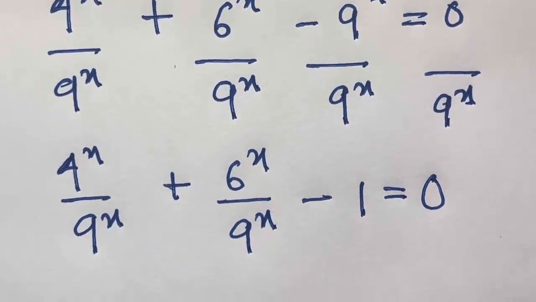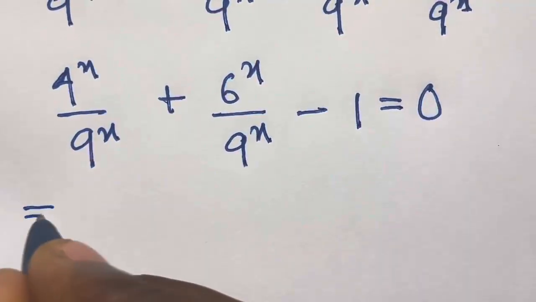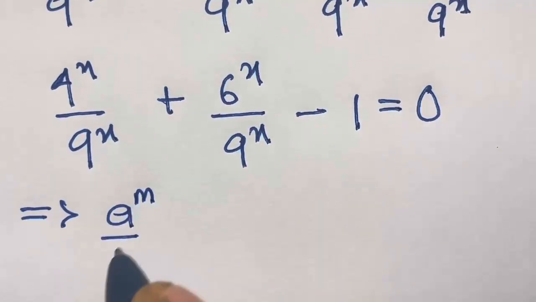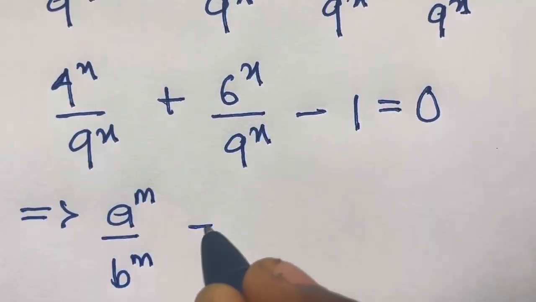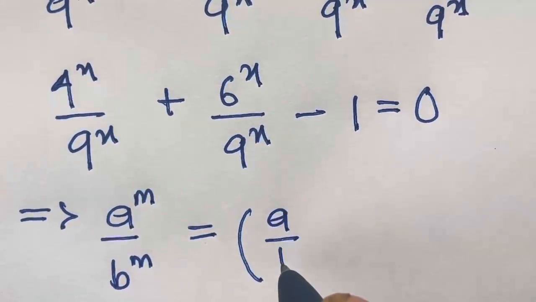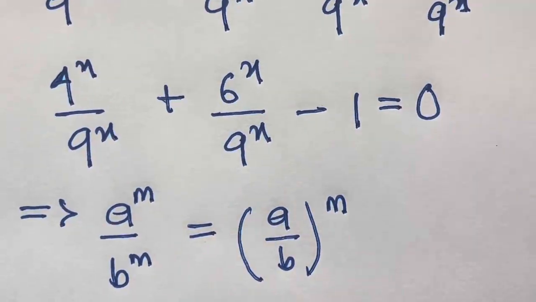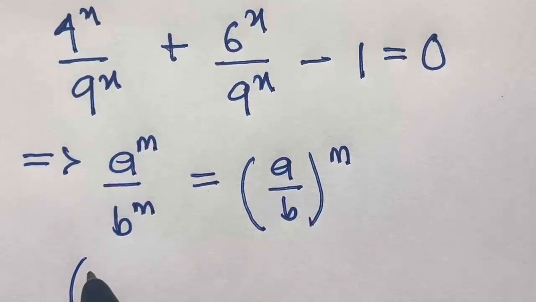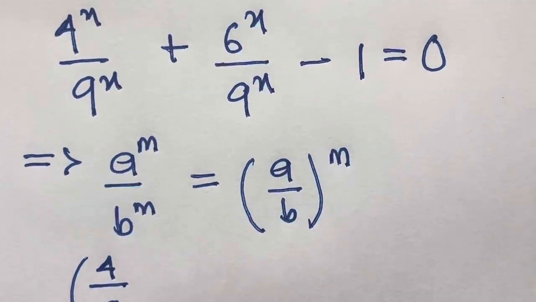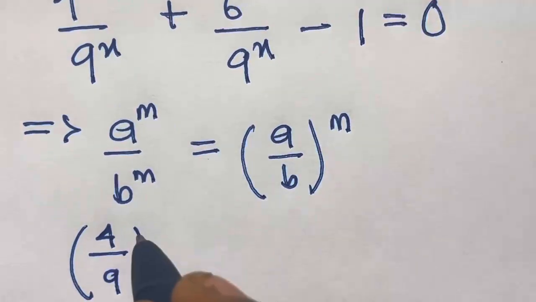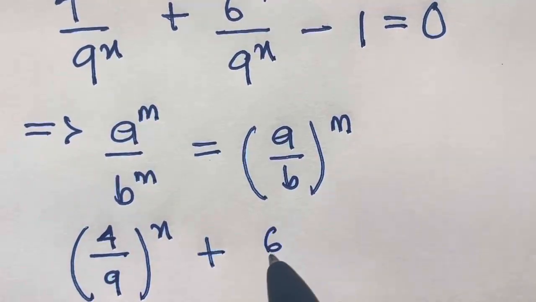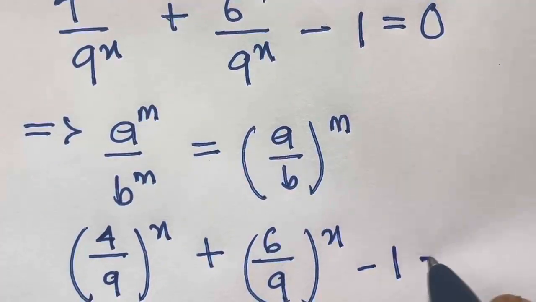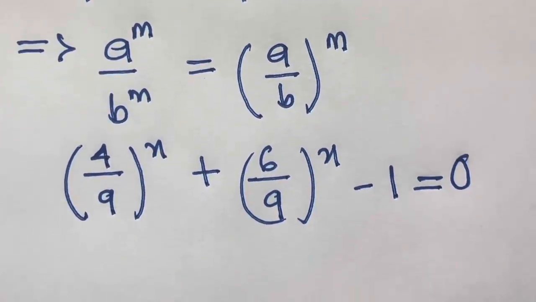So let's recall that a^m divided by b^m is equal to (a/b)^m, right? Applying that, we have (4/9)^x + (6/9)^x - 1 = 0, right?